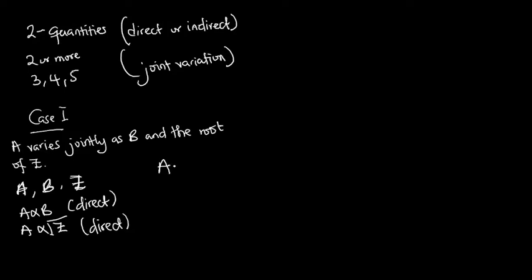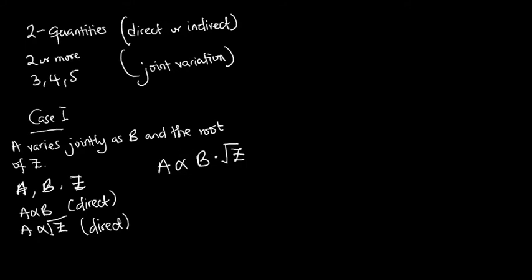So this becomes A varies directly as B and the root of Z. So we multiply the two other quantities that A is being jointly varied to.